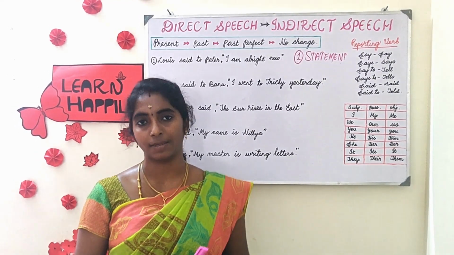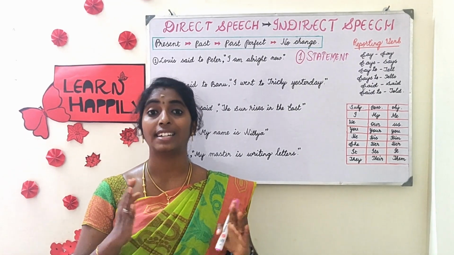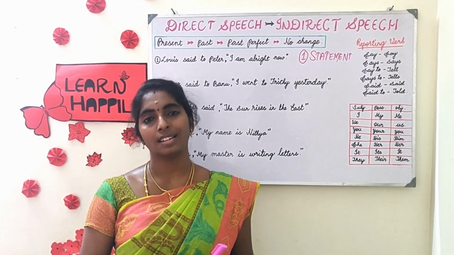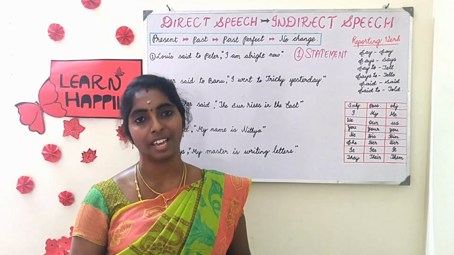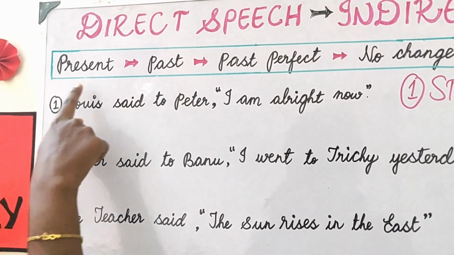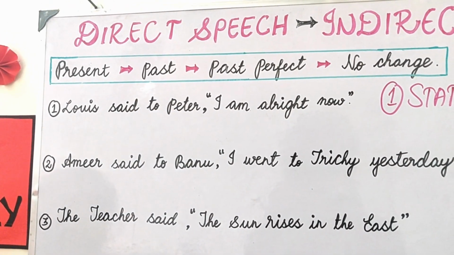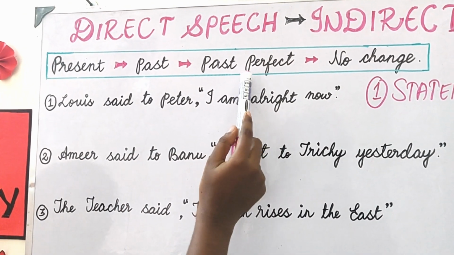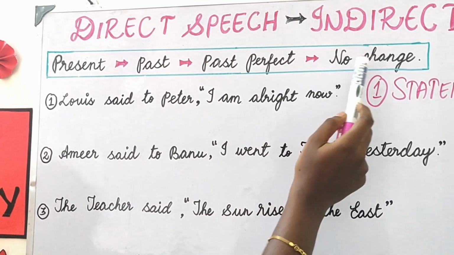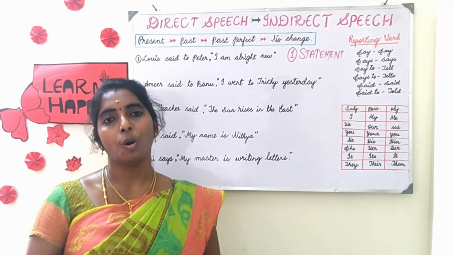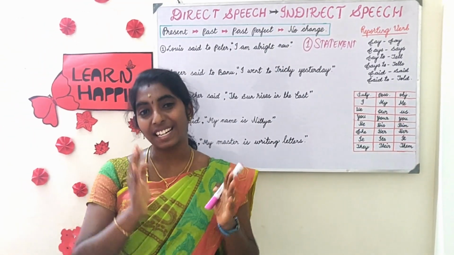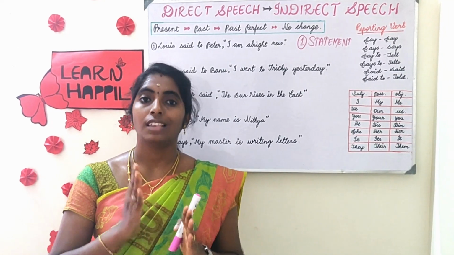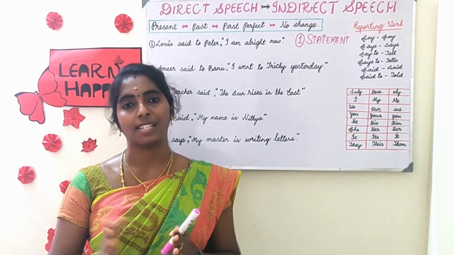So coming to statement kind of sentences, what are the general changes we see when we convert from direct to indirect? First of all is the tense change. How does the tense change? Present tense will be changed to past tense, and past tense will be changed to past perfect, and for past perfect there will be no change. If a sentence is in present tense, that will be changed to past tense.